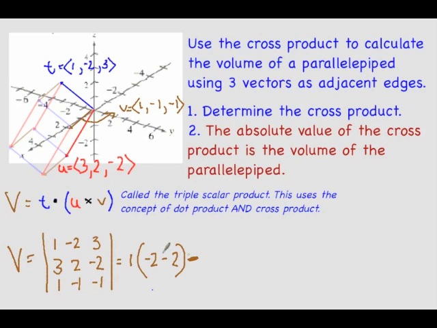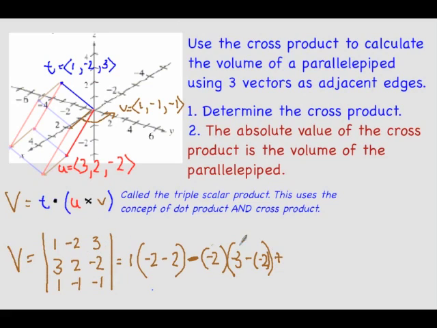Minus, don't forget that piece, okay? Negative 2 multiplied by the determinant of that 2 by 2. So negative 3 minus negative 2. Okay, be very careful with your negatives.